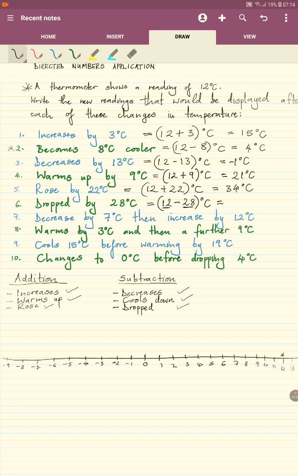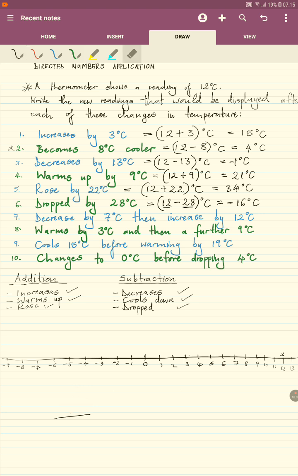But if you want to calculate it in an easier way, you can take the bigger number and subtract the smaller number, and you're going to get 16. But since the smaller number is subtracting a bigger number, what it means is your answer is going to be negative, and you consider the answer from the calculation, which is 16, and your answer will be minus 16 degrees Celsius.